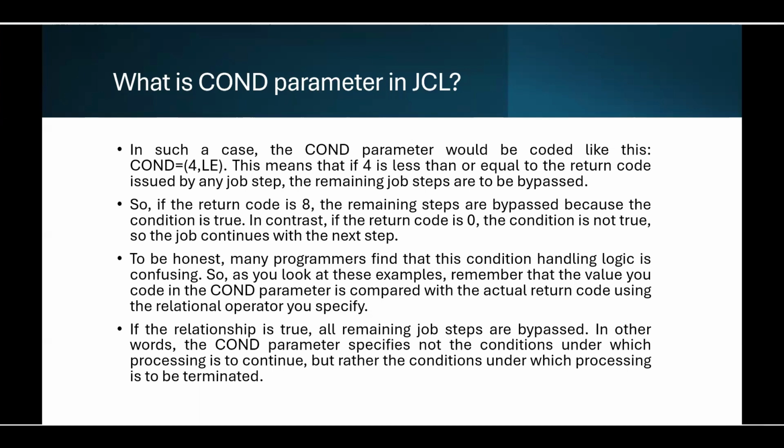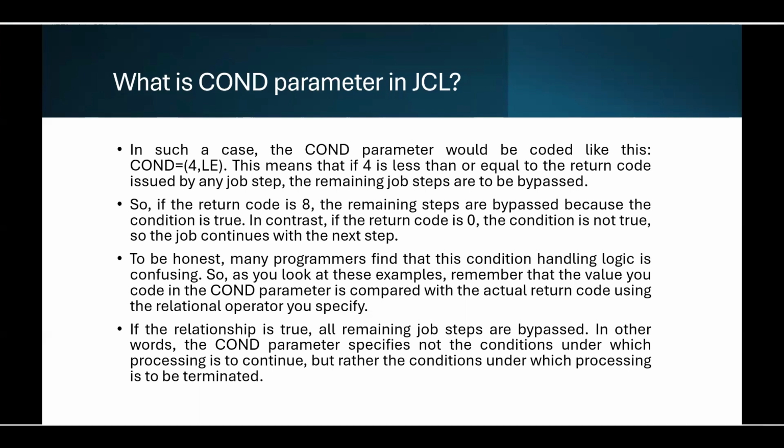As you look at some of the examples that we will be discussing in the next slide, remember that the value you code in the condition parameter is compared with the actual return code using the relational operator you specify. Whatever operator you are using, less than, equal to, greater than, it is compared with the actual return code generated for that particular job step.